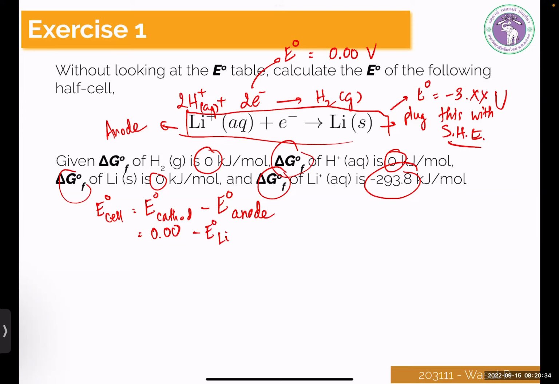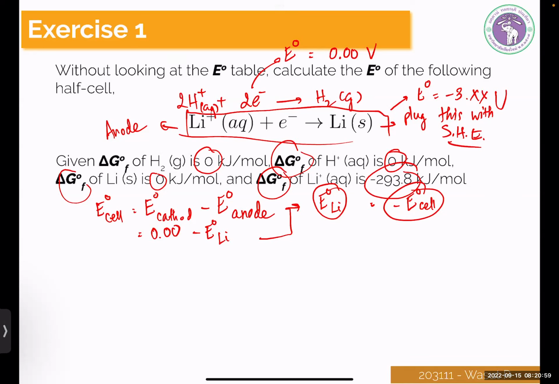So basically, E naught of the lithium half cell, which is what you want to calculate in this example, will be equal to minus E naught of the cell. So what we do to figure out E naught of lithium is to find E naught of the cell and take the minus sign in front of it.